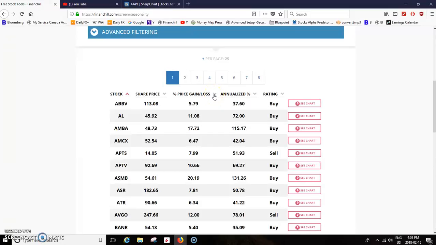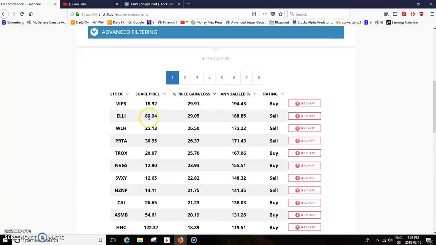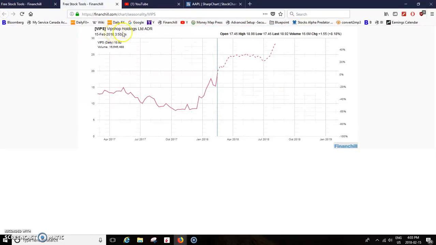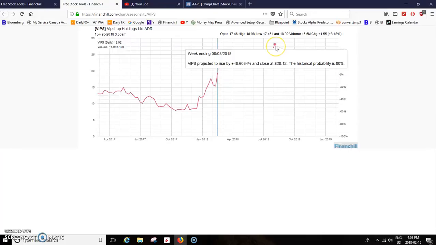So this company, if we look at the chart, VIPS, which is VIP Shop Holdings, is slated to do a good 40%, 48% by the middle of, say, August area, so July, August, September. So by September, rather, probability of 80%.